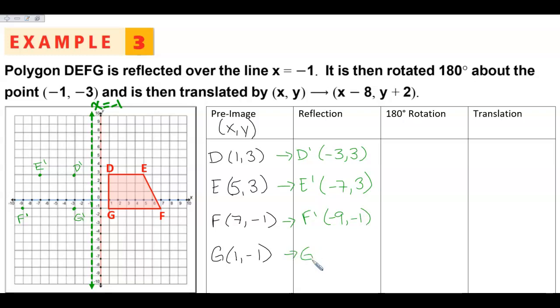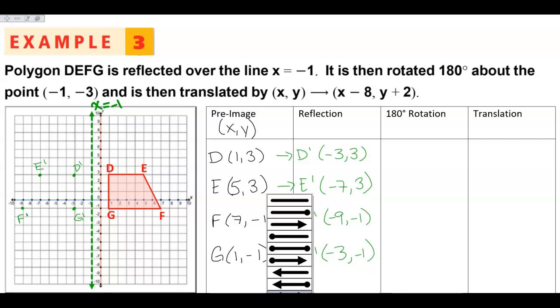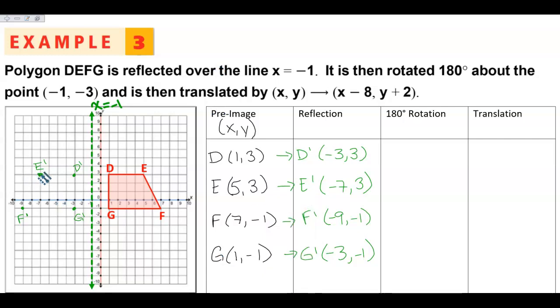And G prime is going to have the coordinate of negative 3, negative 1. So then again, we are going to go ahead and connect our points. And I'm using dotted lines because it is not the final transformation. All right, so I'm going to use the graph to find this one. All right, if we had an actual reflection rule, you could just do the rule right there.